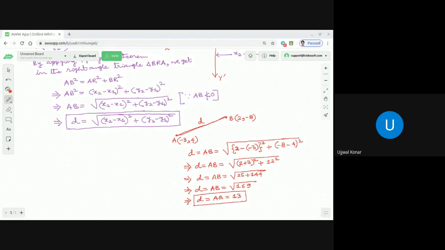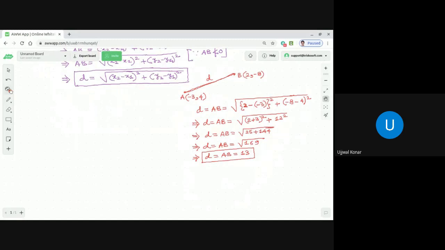So what are the notes here? Let me write down the notes in a different color.